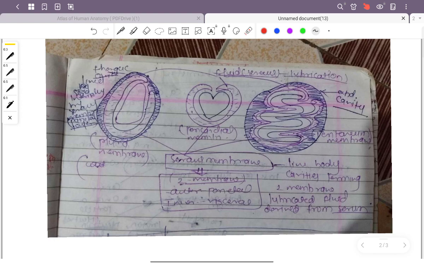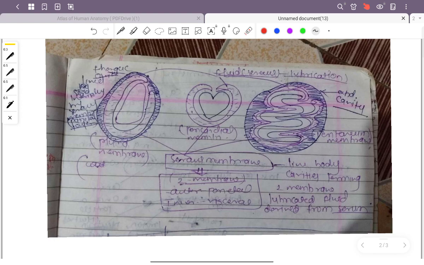In the previous body cavity lecture, we studied that the body cavity is divided into two parts, the dorsal cavity and the ventral cavity. And the ventral cavity is further divided into three parts: the thoracic, the abdominal, and the pelvic cavity.